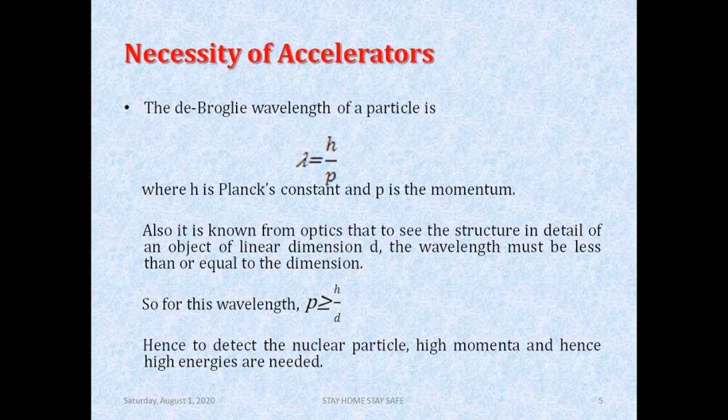Also, it is known from optics that to see the structure in detail of an object of linear dimension d, the wavelength must be less than or equal to the dimension. So for this wavelength, the momentum must be greater than or equal to h by d. Hence, to detect nuclear particles, high momentum and hence high energies are needed.